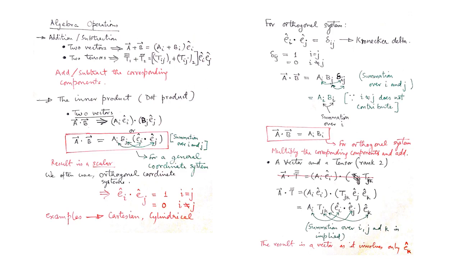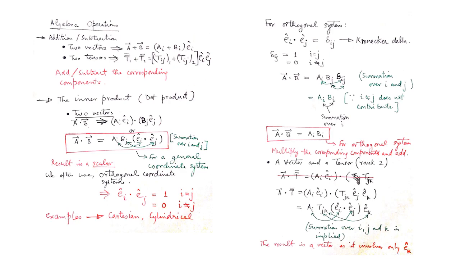But e_i dot e_j will always be 0 whenever i is not equal to j, because of the orthogonality of the coordinate system. e1 dot e2 is 0, e2 dot e3 is 0, and e1 dot e3 is 0.